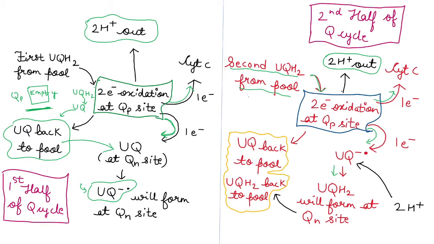After oxidation of this UQH2 to fully oxidized UQ, this will enter back to the pool, which means again the QP site is vacant. And this UQ semiquinone, after accepting an electron, will get converted into this UQH2.